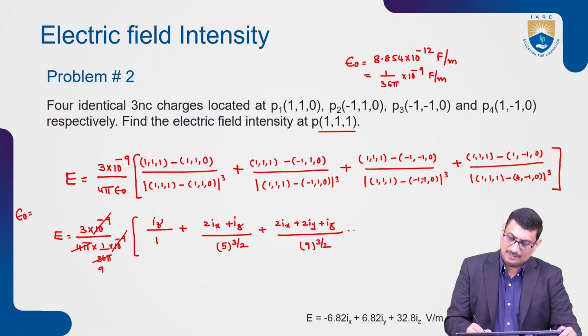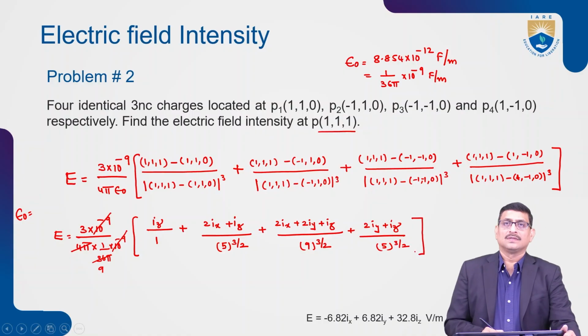And the fourth one, (1, 1, 1) minus (1, -1, 0): 1 minus 1 is 0, 1 minus of minus 1 is 2Iy, and 1 minus 0 is again plus Iz, divided by 4 plus 1, which is 5 whole power of 3 by 2.